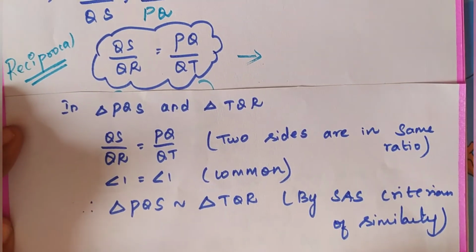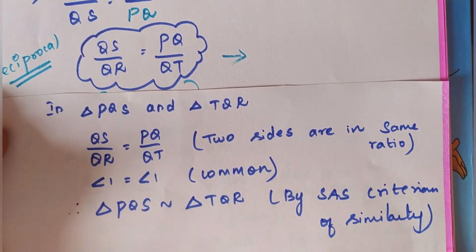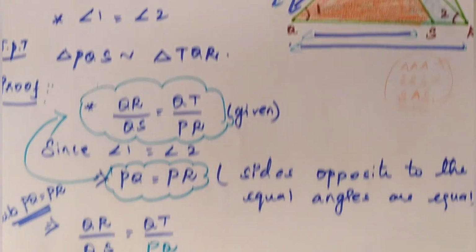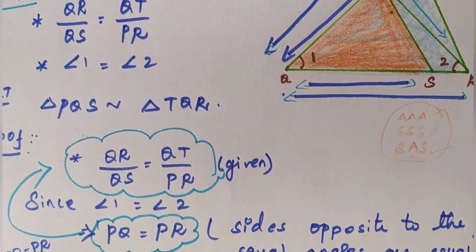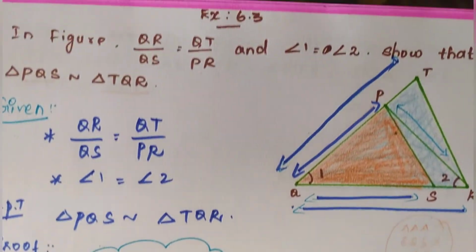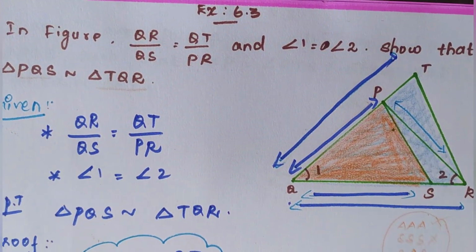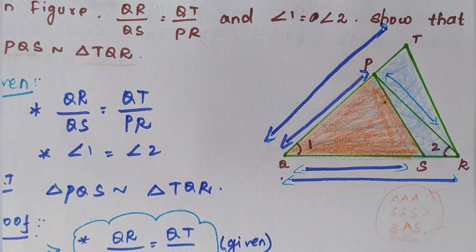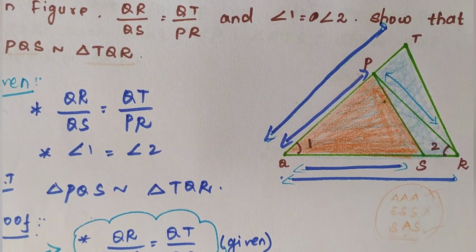Clear all of you? Is there any doubt, Kana? So first you have to identify which similarity criterion you have to use to prove this theorem and then proceed based on the similarity criterion.